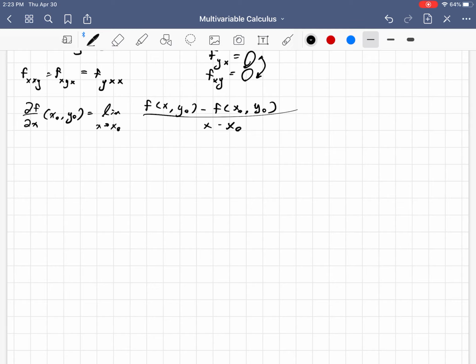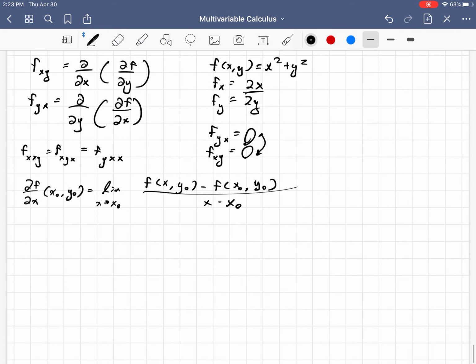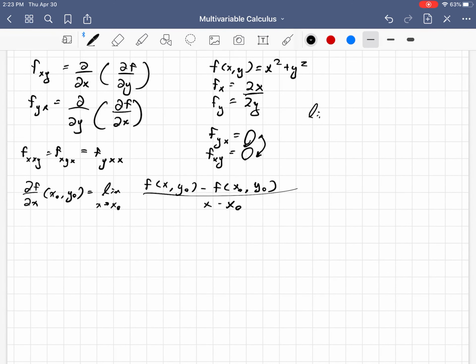So what do I mean by this? This is basically saying the same thing as what I said before, and it's very similar to the definition from Calc 1. Recall the definition from Calc 1 was the limit as x approaches x naught of f of x minus f of x naught over x minus x naught, and that was f prime of x naught.